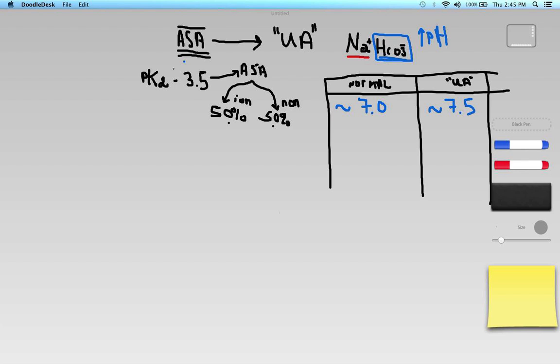That's an interesting thing about pKa. For any weak acid, at the pH equal to its pKa, it'll be 50% dissociated. So if the pKa of something was 4 and you dissolved it in a solution with a pH of 4, you'd have about 50% ionization.